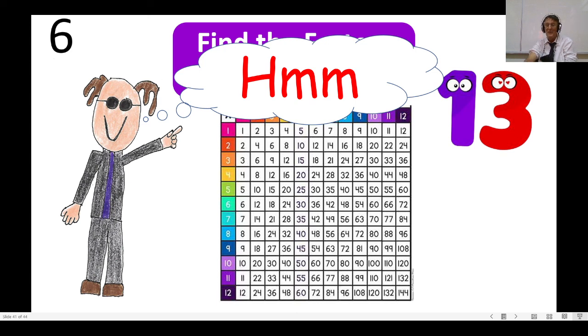No, because 13 cannot be factored. There are no numbers that can be divided evenly into 13 other than 1 and 13 itself.